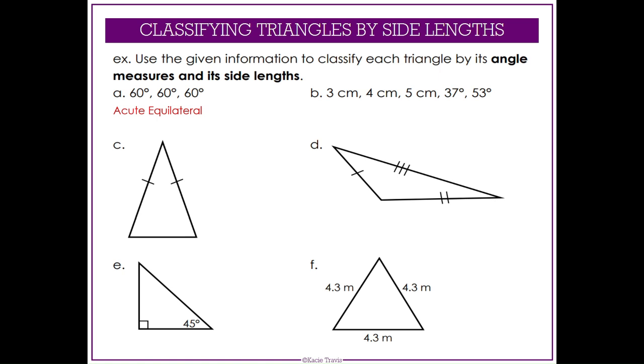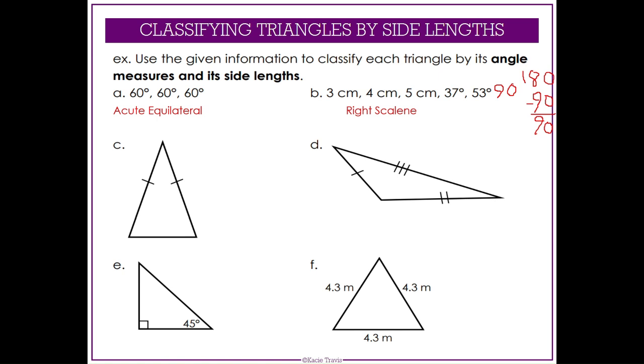Now I know all three of the angles add up to 180, so I would just take 180 and subtract 37 and 53. Now I know 37 and 53 give me 90, so 180 minus 90 gives me 90, which means this is going to have a 90-degree angle also. This means this is a right scalene triangle.